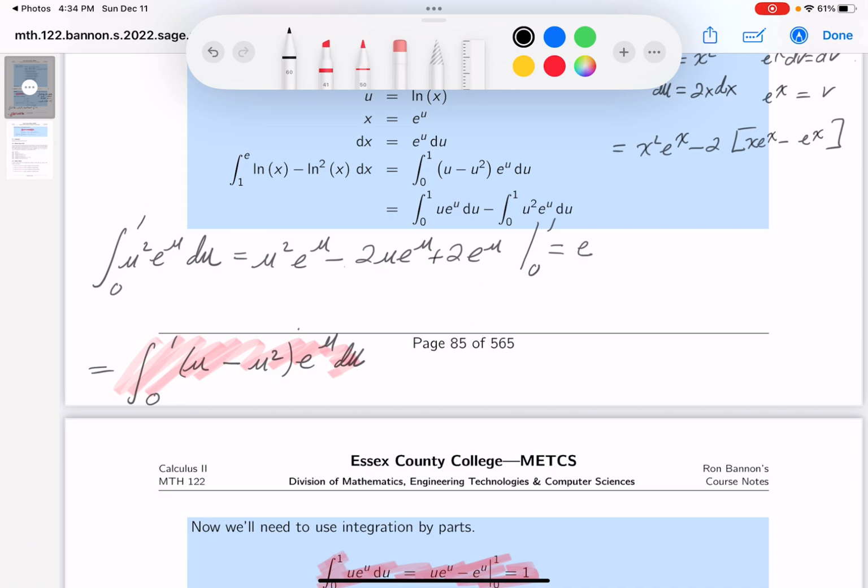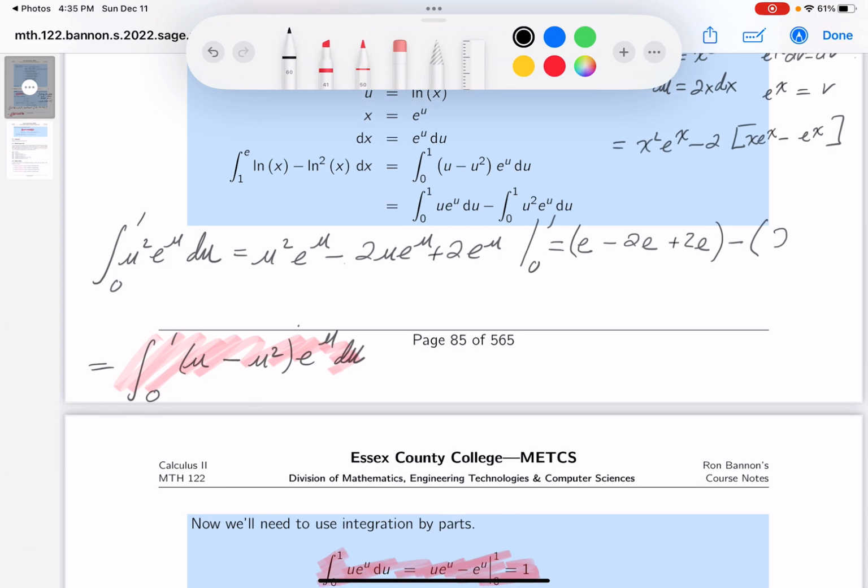You're going to get e minus 2e plus 2e. Well, that's not so bad. That's the upper limit. Let's do the lower limit. Minus 0. What are you going to get? You're going to get 2. So this thing over here evaluates to 2.